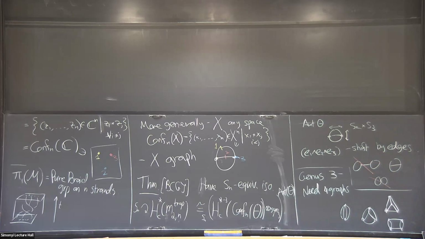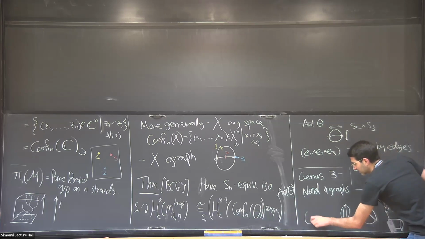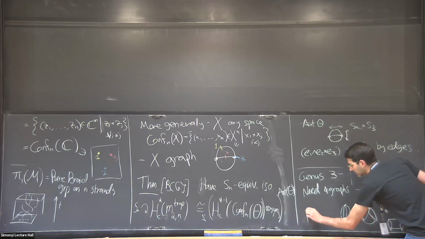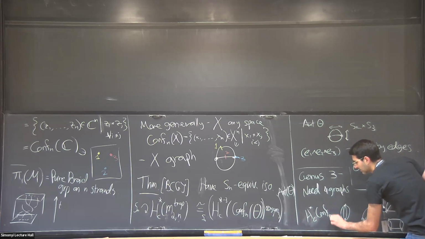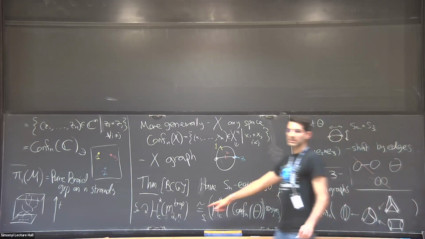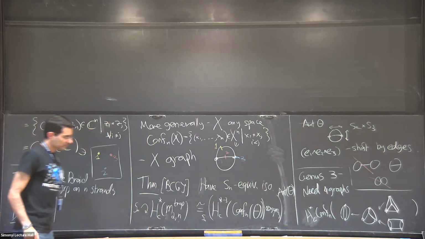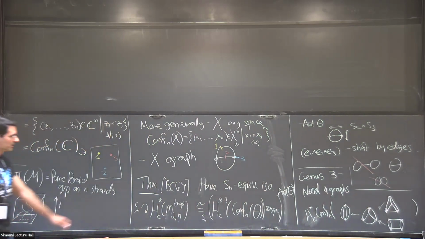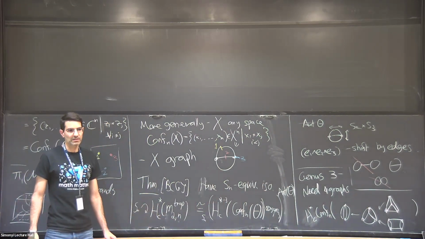And you need to take every one of them, and for each one, compute the compact support cohomology of its configuration space. For each one, take some invariants under the automorphism group of the graph, then build a complex out of them. And that would compute, this is something also that we proved, the genus 3 tropical moduli space.